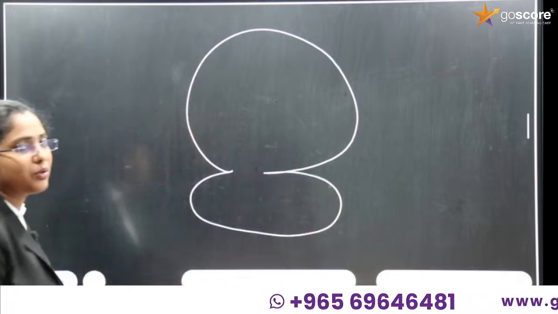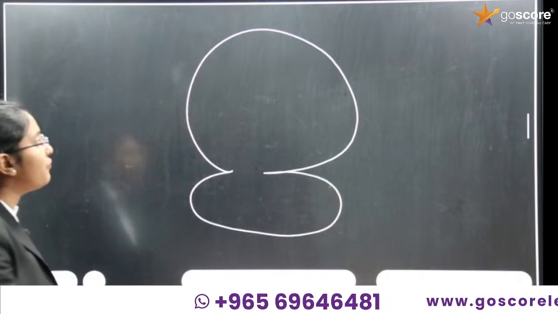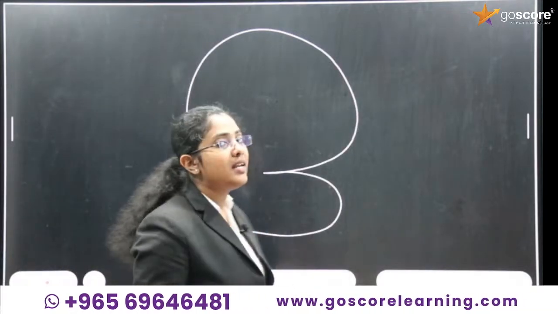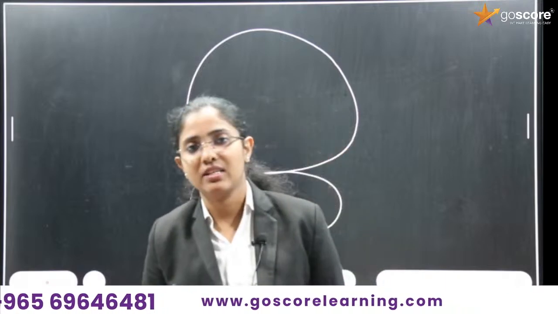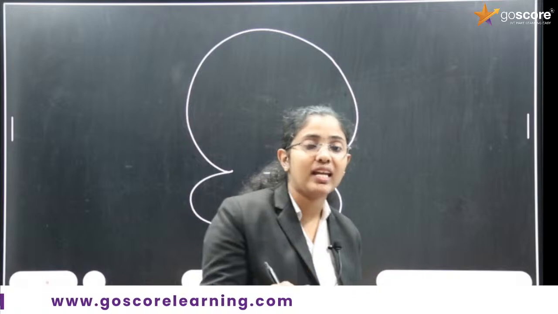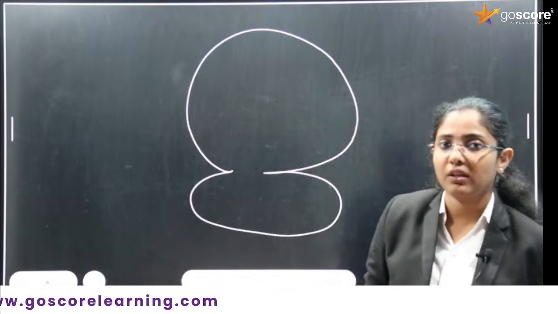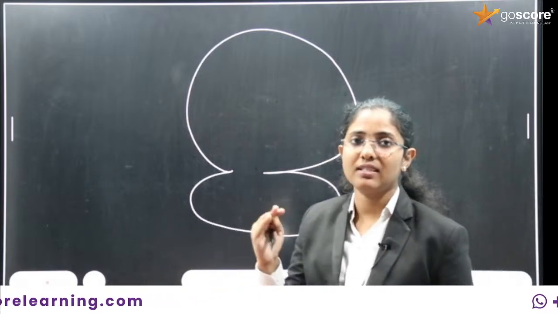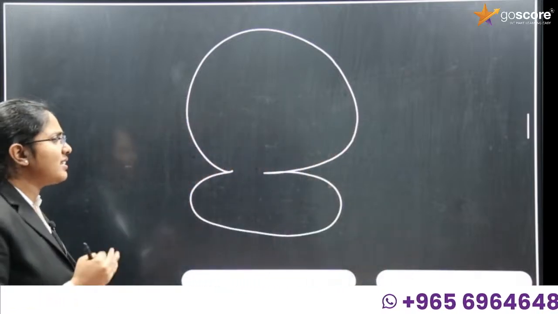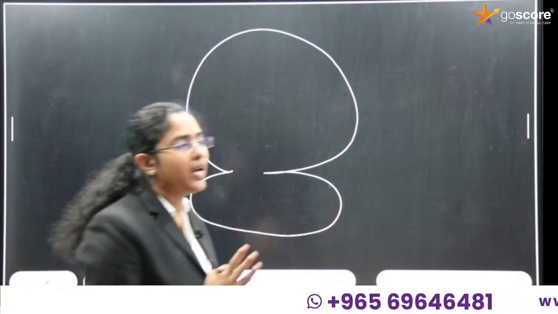We have to understand that the process of translation takes place inside three different sites of the ribosomes. Let's see what the different sites of ribosomes are.